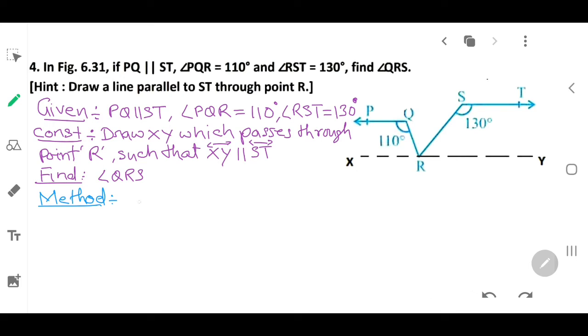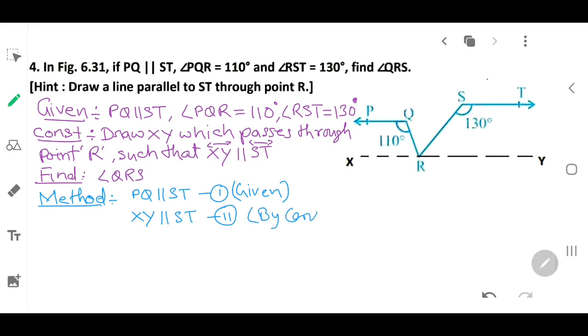So let's use the method and solve. First you see PQ is parallel to ST. It is already given. So you can write here, given. Correct? Then by construction we got XY parallel to ST. So you can write here, by construction.